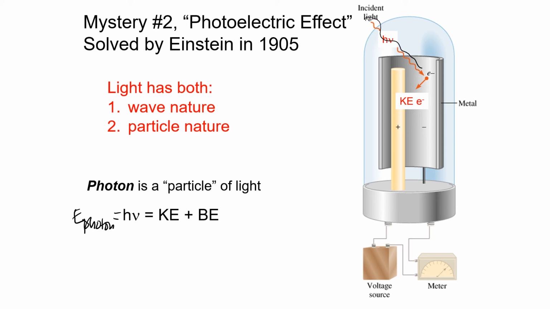And the binding energy is the minimum energy required to eject an electron. We won't be using this equation. We can also rearrange this to solve for kinetic energy if we wanted to. You will not be asked to calculate the kinetic energy of a photon, however.